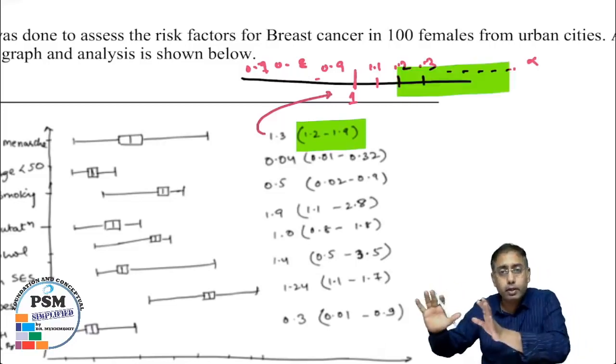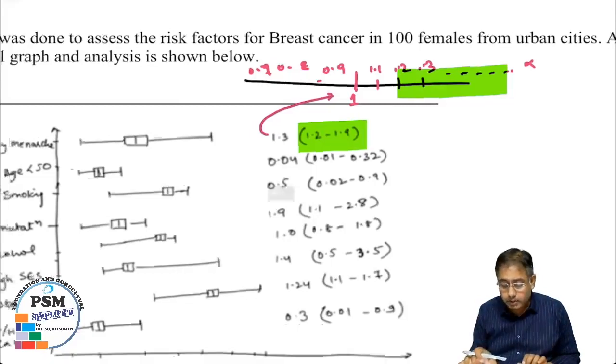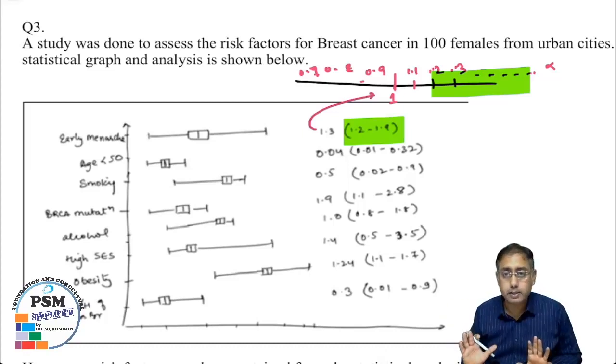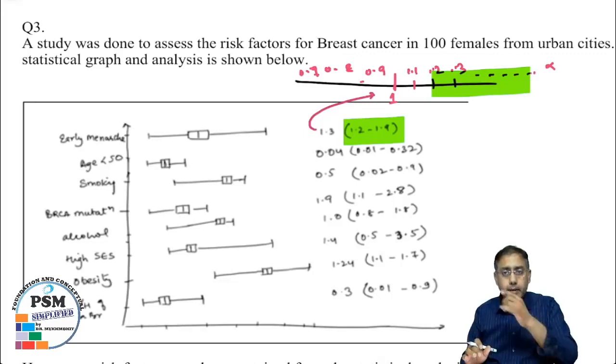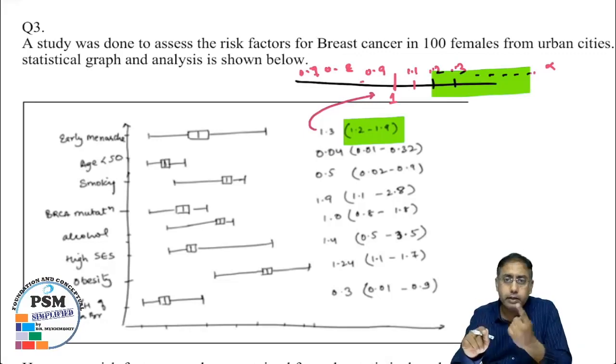So that means all the time it was a positive odds ratio. This risk factor, whatever it was, I have put it as early menarche. This risk factor is a promotive risk factor. It may cause breast cancer or whatever disease we were discussing. Are you getting this? The odds ratio is 1.3. But once you see the confidence interval, if it does not contain the value 1 on this scale, I hope you're getting this.